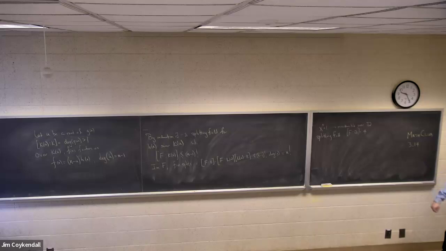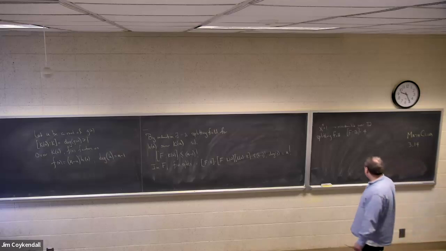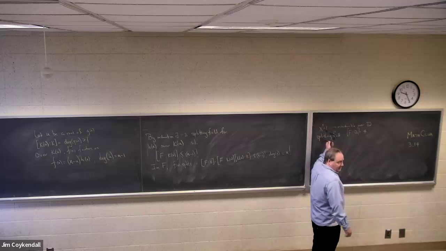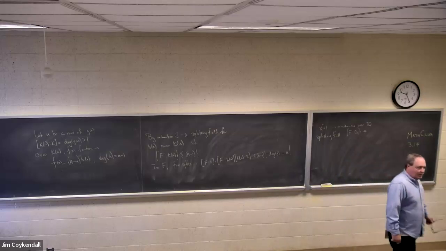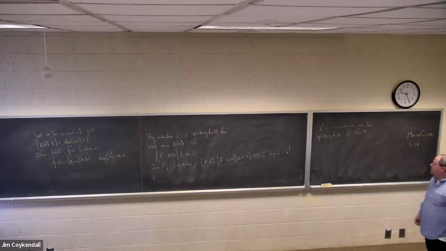Worst case scenario by the previous theorem, the splitting field might be a degree 24 extension, but what happens here is your dream comes true. It turns out that when you adjoin any root, you get everything.